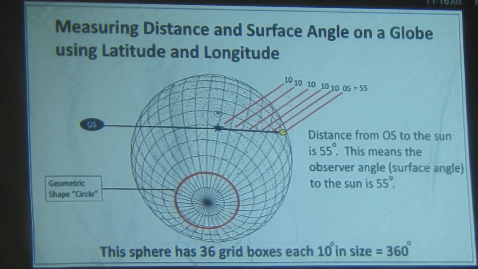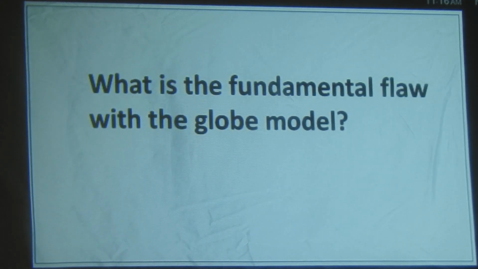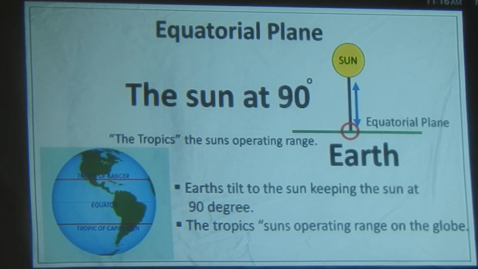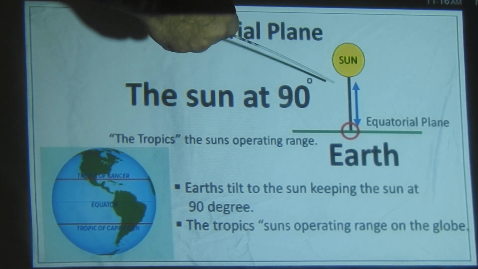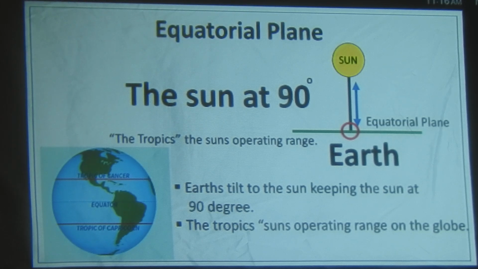So again, we'll talk a little bit more about the 2 sciences that do use it. And what is the fundamental flaw in the globe model? The equatorial plane, the sun in the tropics, the sun's operating range, and the globe's tilt. These all work against that model. And once you have that sun that's at 90 degrees, if that sun is directly above in the equatorial plane on the equinox, that sun is directly above the equator on the Earth.